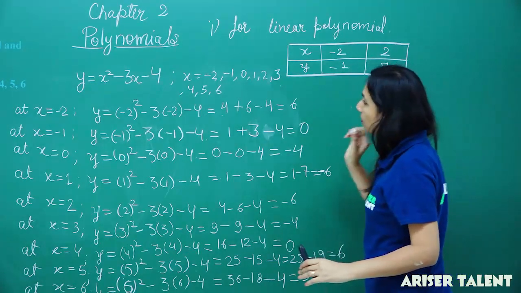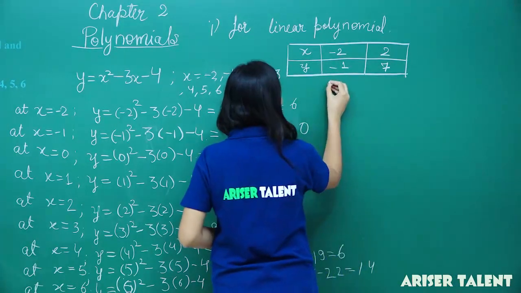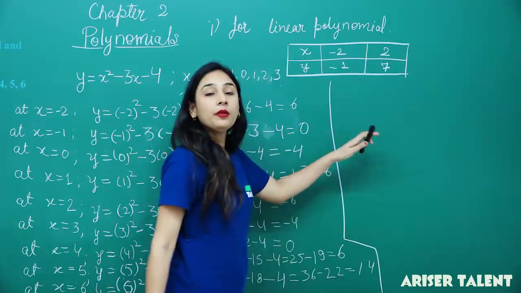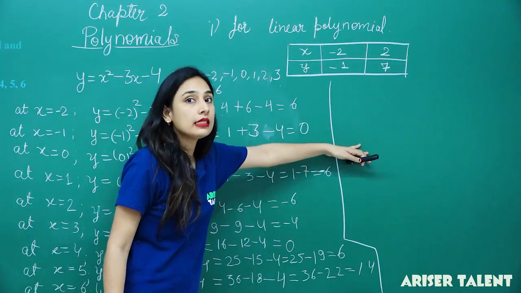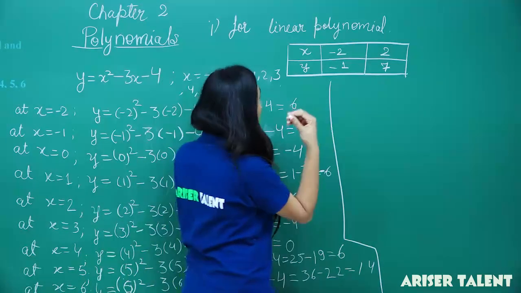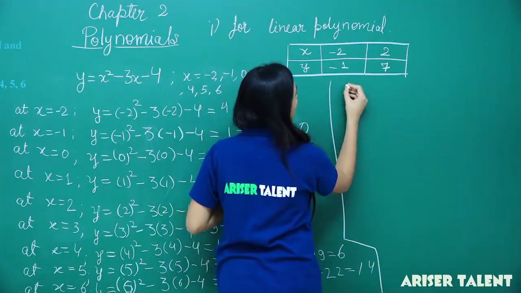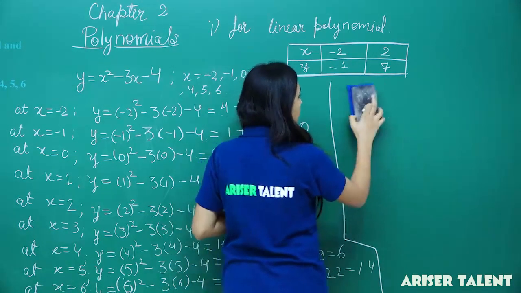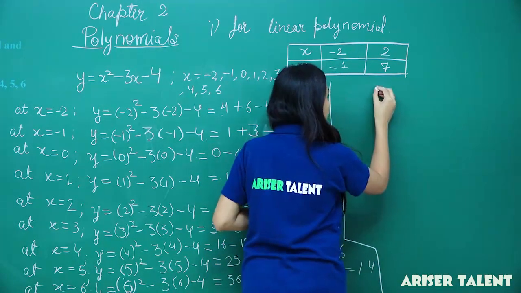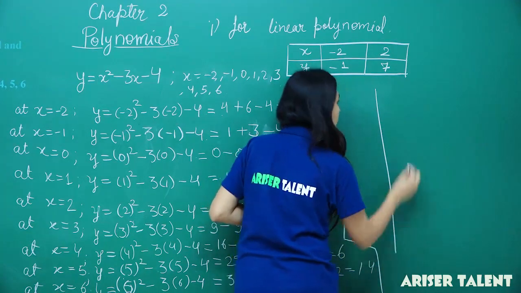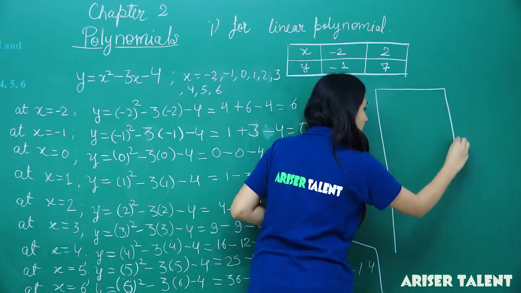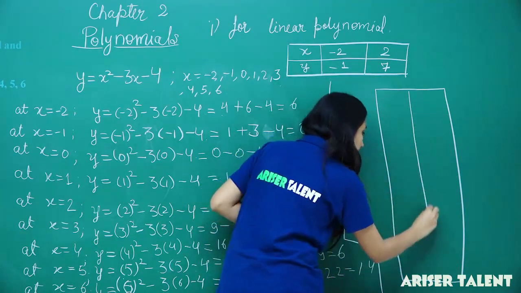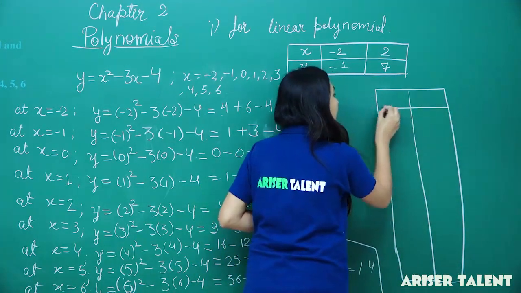Okay, so I am representing it here on this side of the blackboard, green board. That will be our value of x and y.